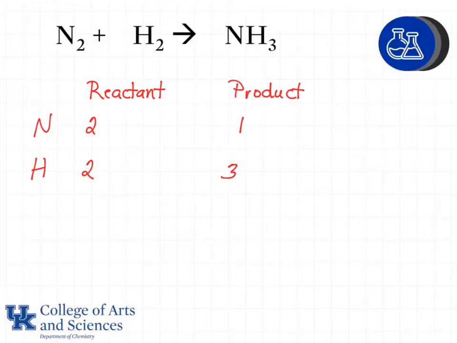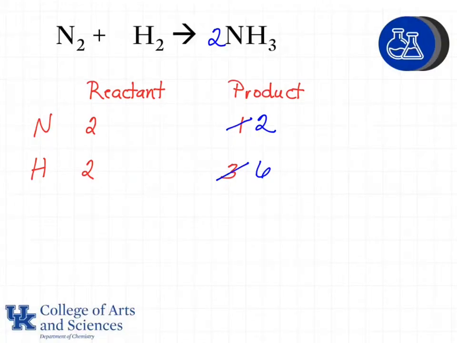Therefore, I need to add a coefficient, and I'm going to add a 2 in front of the NH3. When I do this, it changes my count of nitrogens from 1 to 2 on the product side. However, it also changes the number of hydrogens, because a coefficient is applied to everything in that particular chemical formula. So 2 times 3 hydrogens means I have 6 hydrogens present.